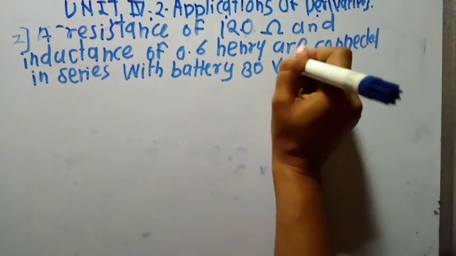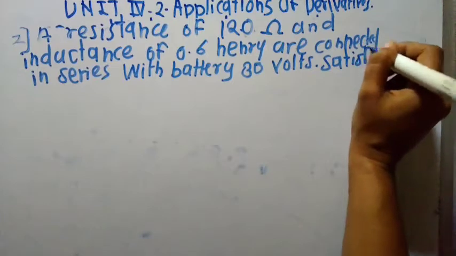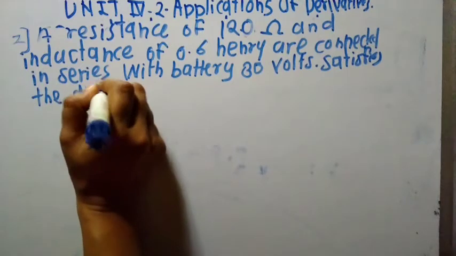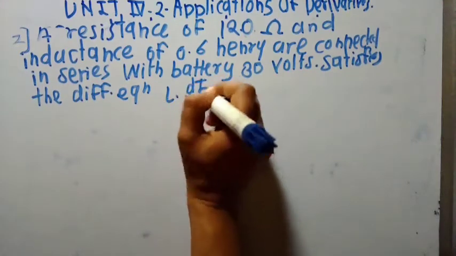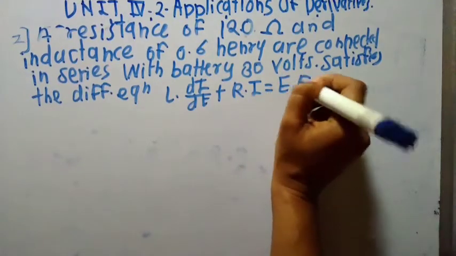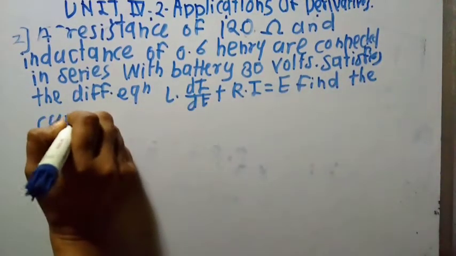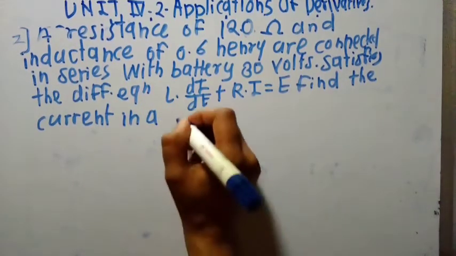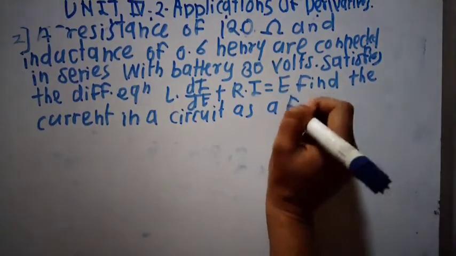This satisfies the differential equation L into di by dt plus R into I is equal to E. Then find the current in a circuit as a function of t.